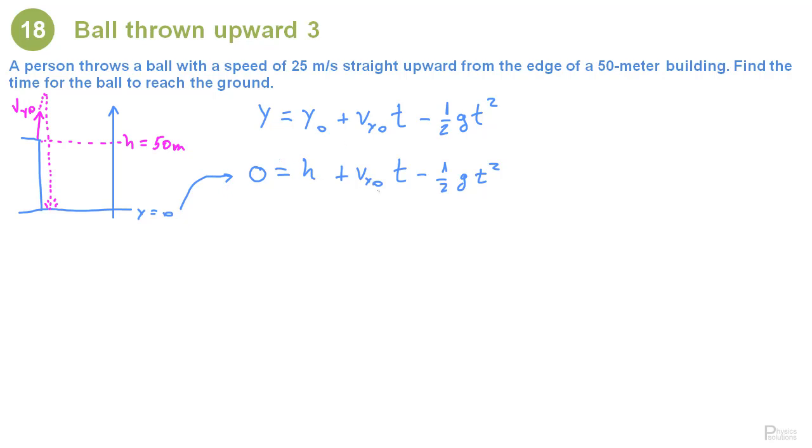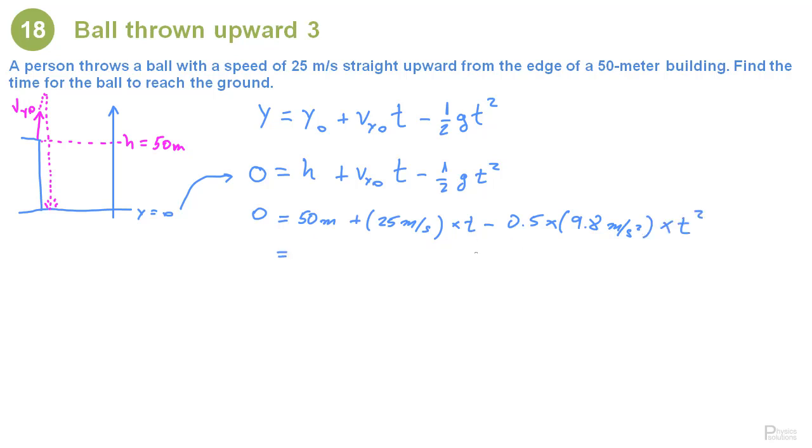And since we have all these quantities, we can start plugging in numbers. Our equation becomes 0 equal to the height of the building, which is 50 meters, plus the initial velocity, which in this case is positive because it's pointing up, 25 meters per second, times t, minus 0.5 times g, which is 9.8 meters per second squared, times t squared.